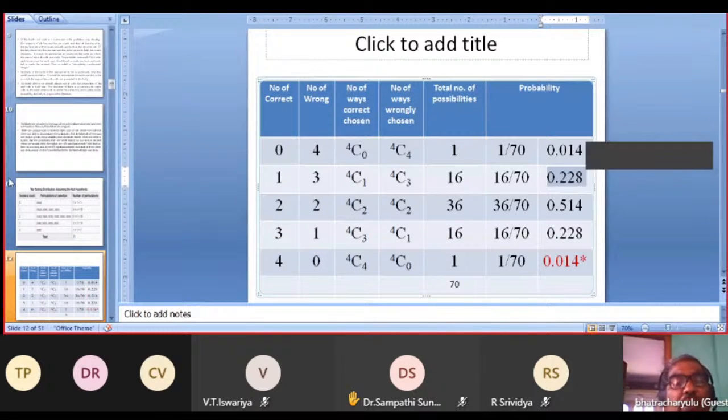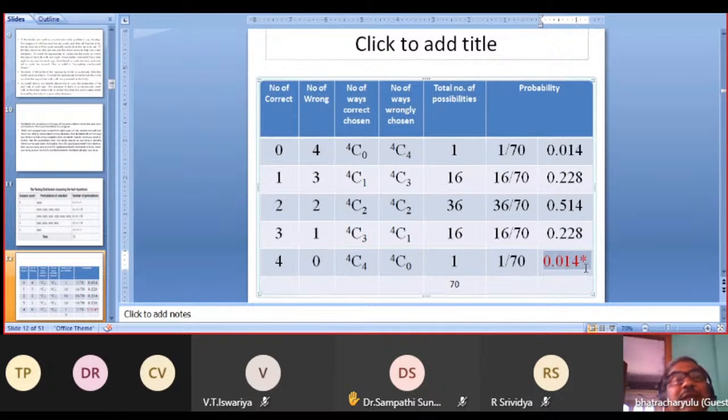For 2 correct and 2 wrong, the probability is about 50%. And 3 correct, 1 wrong: the probability is around 22%. Again, 4 correct and 0 wrong.